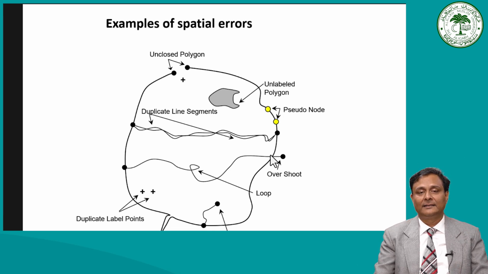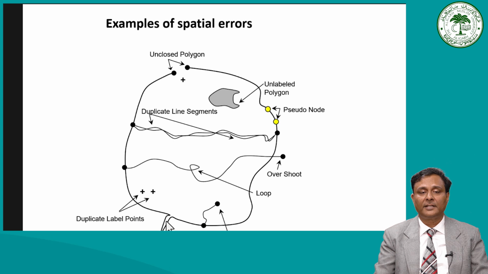Then there is a line which should end over here, but it goes beyond the boundary of the polygon. This is known as the overshoot. This is also one kind of error. Another can be the line feature which is having a dangling node. It has to be merged with somewhere, it has to finish somewhere, it has to complete its path somewhere. So that is known as the dangling node.